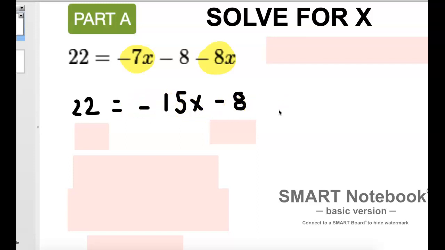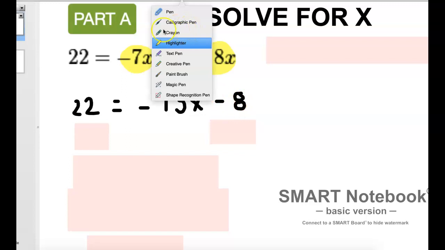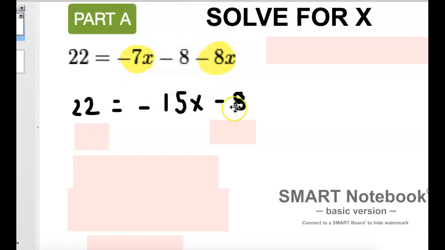Now remember, our goal is to get the x on one side of the equal sign by itself. So here, this minus 8, we have to ask ourselves, how do we undo subtracting? Or what is the inverse of subtracting 8? The inverse of subtraction is addition. So to move this minus 8 to the other side of the equation, we're going to add 8 to both sides.